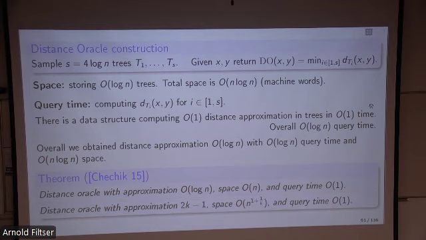And you can even get a smooth trade-off for all approximation factors. You can get approximation 2k minus 1 using space n to the 1 plus 1 over k and constant query time. Note, by the way, this is the same trade-off as with the spanners that we mentioned. This is again tied to the Erdős girth conjecture.